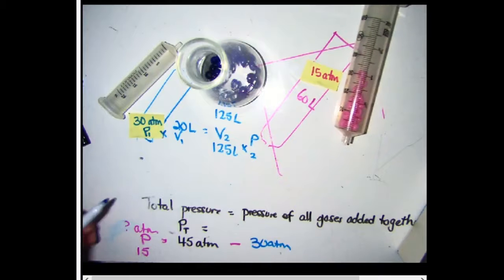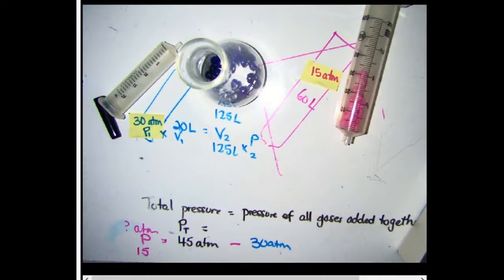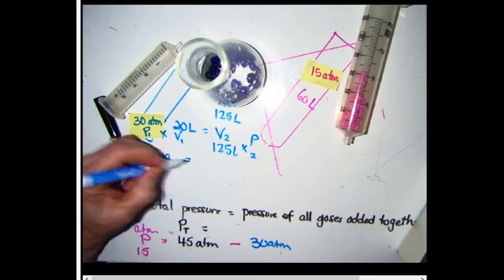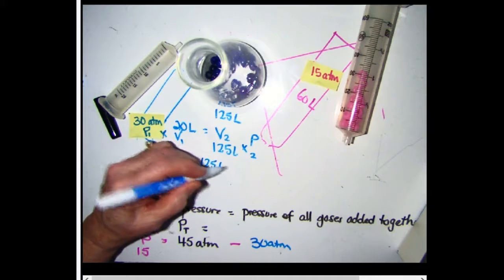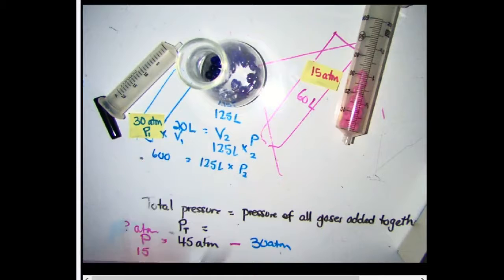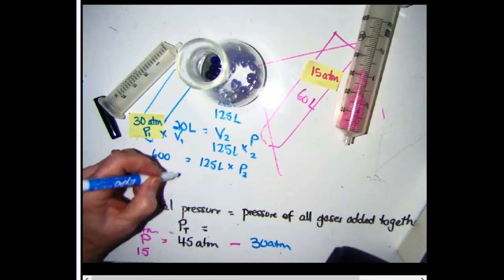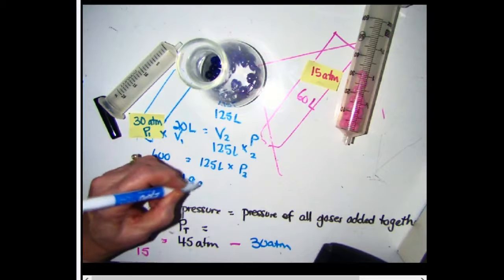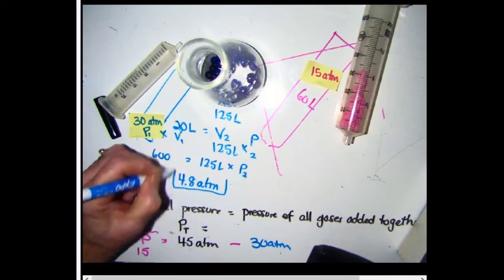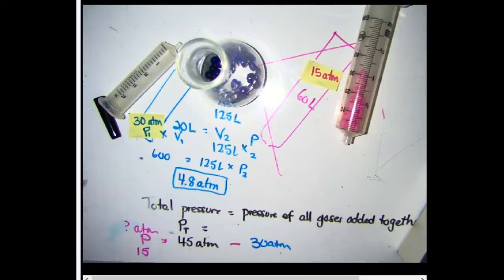So this is, again, not real hard math. You've done this with Boyle's Law already. So we're going to take 30 times 20, and we're going to get 600 is equal to P2 times 125, and we're looking for the new pressure. So we're going to take 600 and divide it by 125, and we're going to say that the new pressure is 4.8 atmospheres. That's the new pressure of the blue.